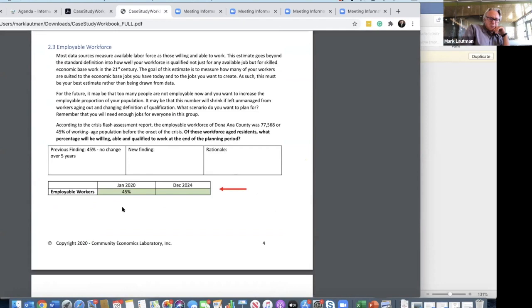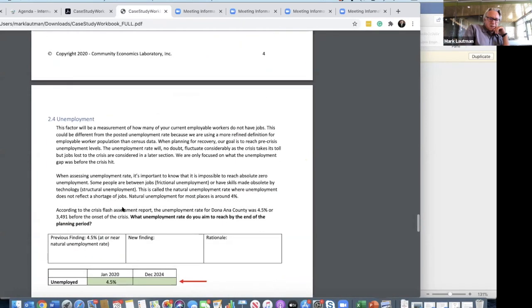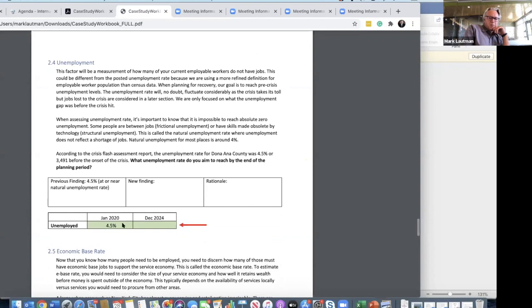Unemployment. Right there. Unemployment rate, 4.5%. That was the unemployment rate before the pandemic. And the group was considering that pretty close to structural unemployment. And so there was no unemployment gap to close in this case.